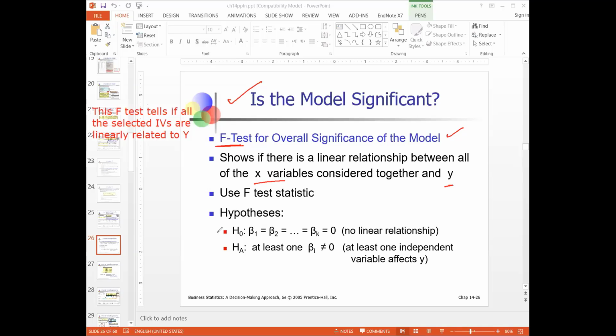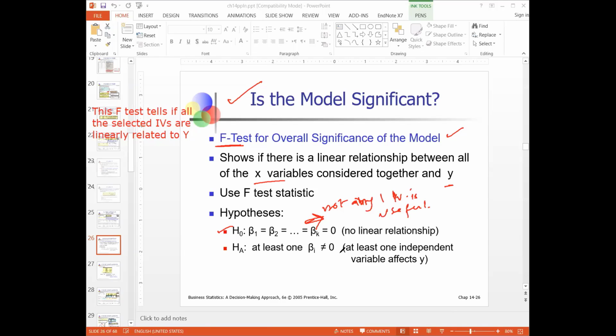The hypothesis for that is, null hypothesis is B1, B2 up to Bk all are equal to 0. Means none of the independent variables is useful. All are equal to 0 means not any one IV is useful. Not even anyone.